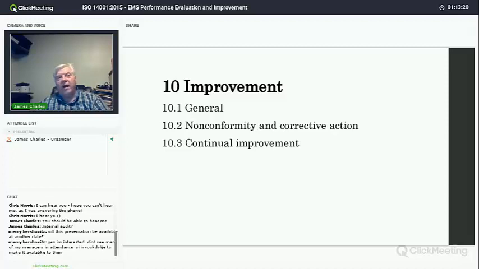So if we go through a bunch of registration audits with no nonconformities, a bunch of internal audits with no findings, it doesn't give us what we need to drive improvement, both to our system and to our performance. So again, some cultures feel like, well, if you have a nonconformance, the world ends. Well, it doesn't end unless it's a major nonconformance.